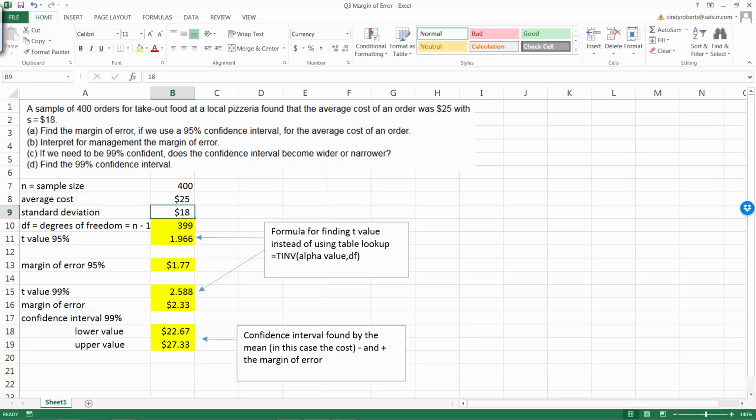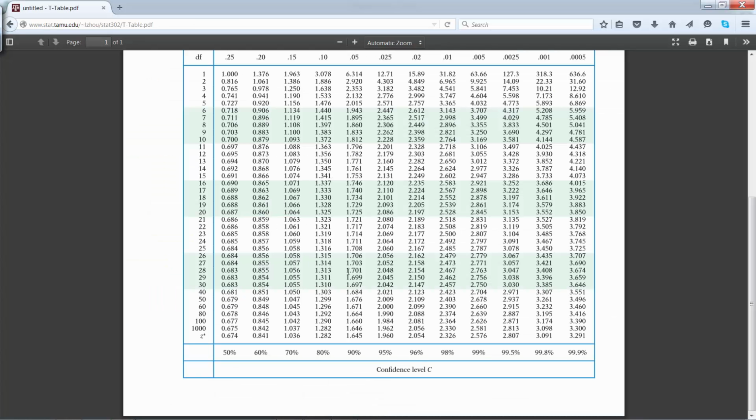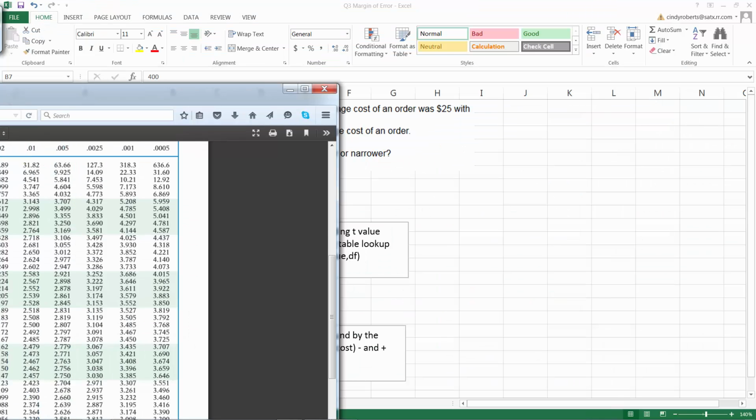So you could either look up in a table, but the problem is most tables that you look at, like let me just throw one over here, won't have that value that you need of 399, because remember the degrees of freedom is one less than the sample size, and the sample size was 400.